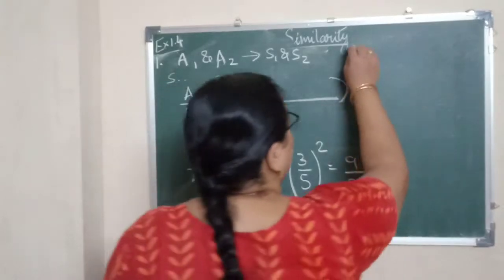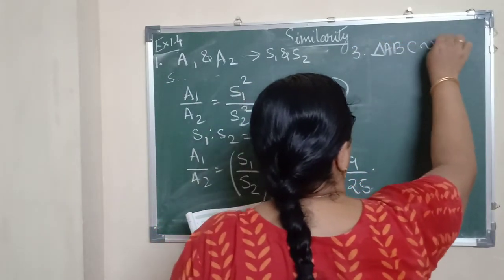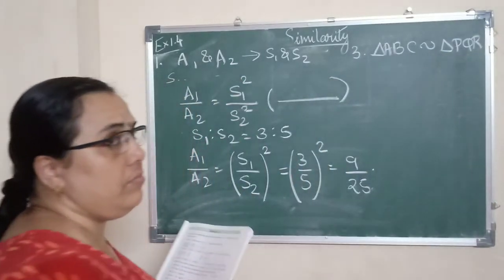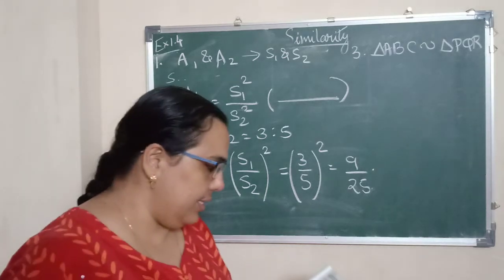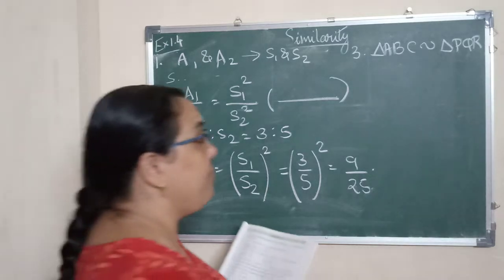What is given? Triangle ABC similar to triangle PQR. Right? Area of triangle ABC is given as 80. Area of triangle PQR is given as 125.